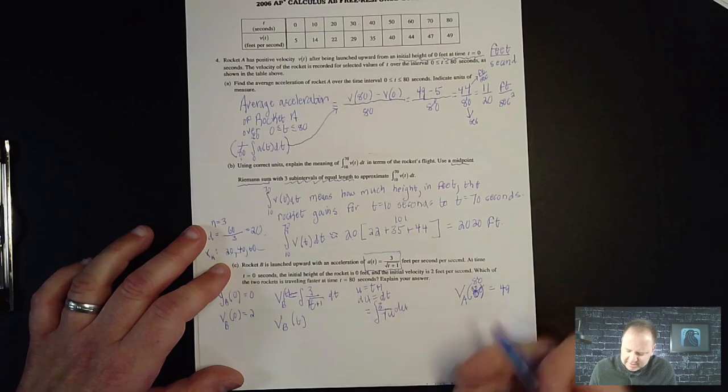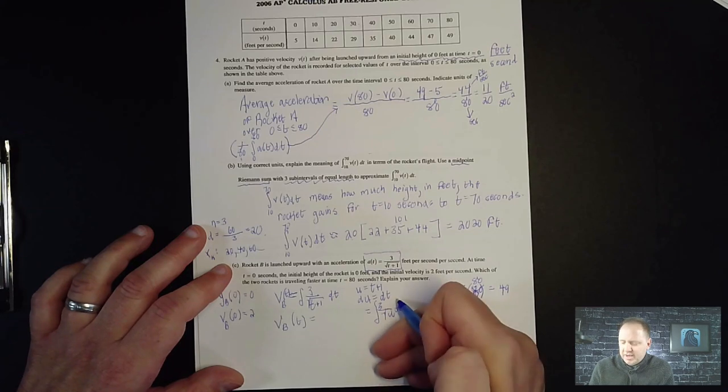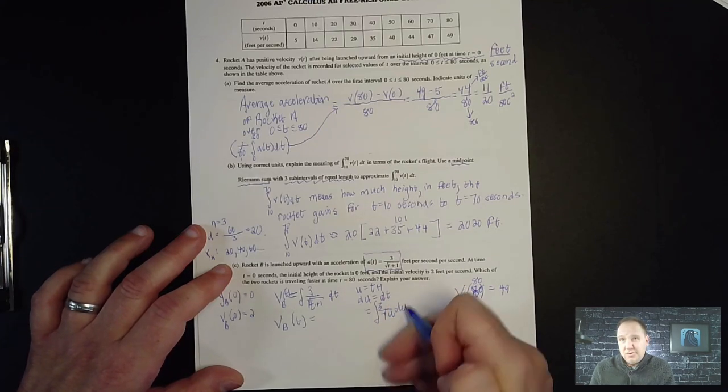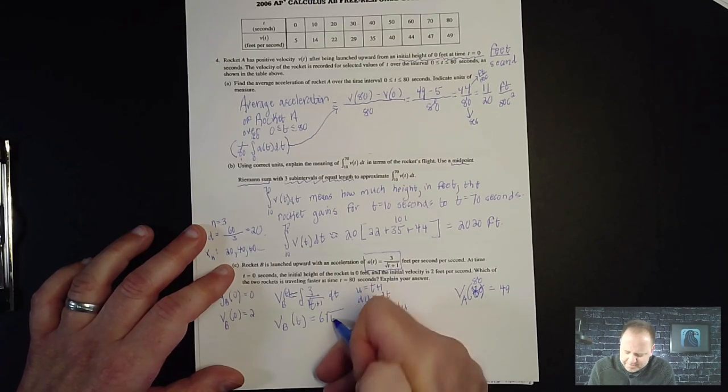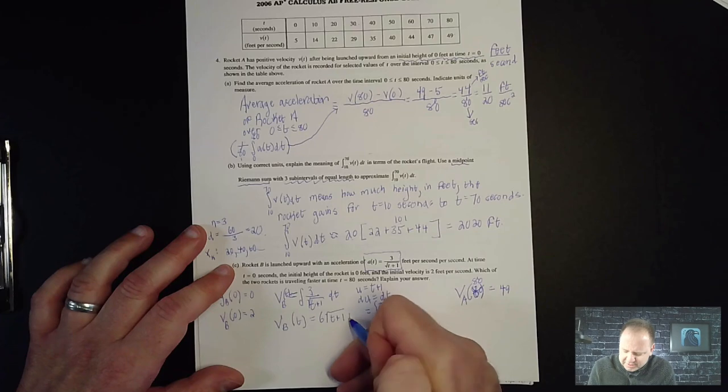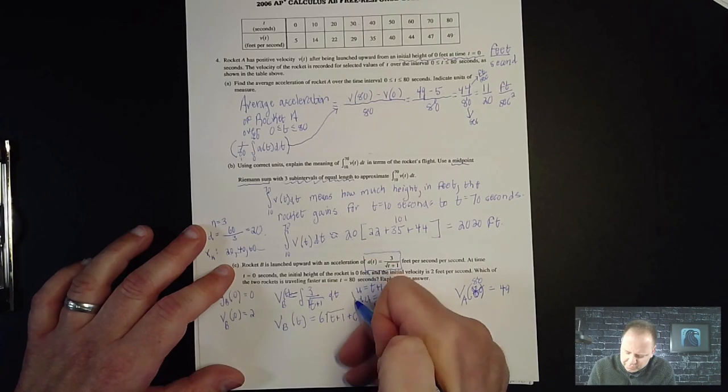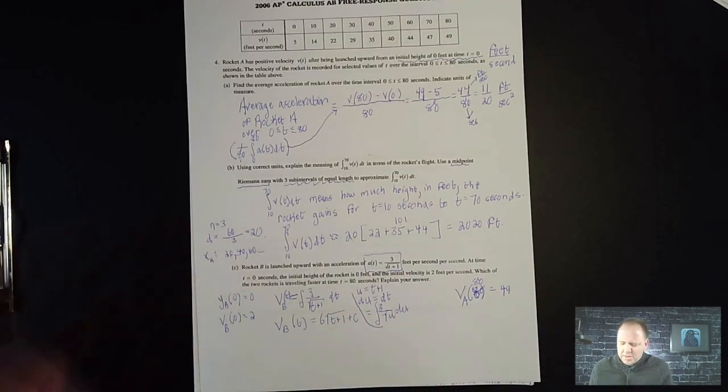Let's make sure you see that that is equal to 3u to the negative 1/2 becomes 3u to the 1/2 divided by 1/2 would be 6 square root of u, but use t plus 1. And don't forget your plus c. All right, they gave me a way to get my constant.